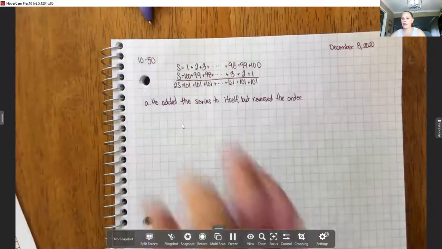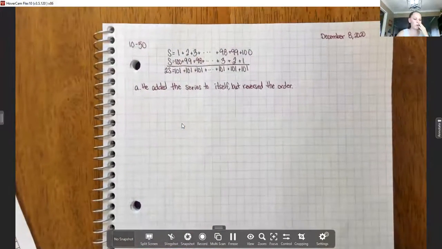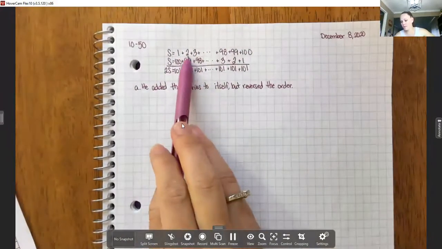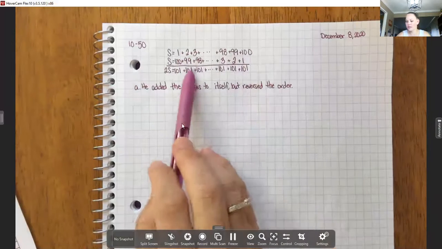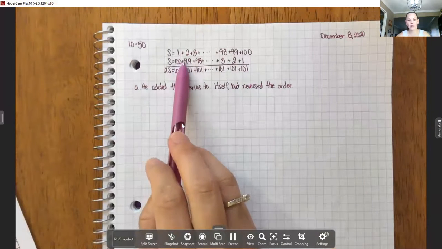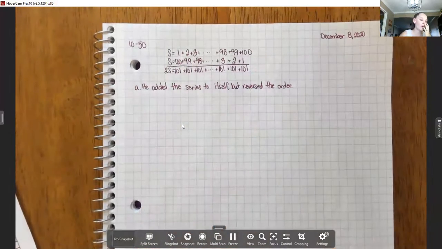So again, he added it to himself, but he reversed the order. So he went 1 plus 2 plus 3 all the way to 100, and then he started with 100 and counted backwards until he got to 1.